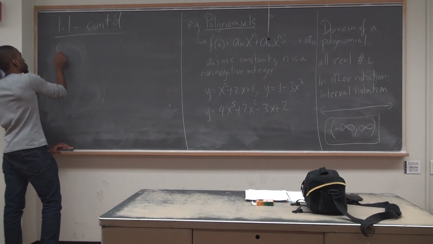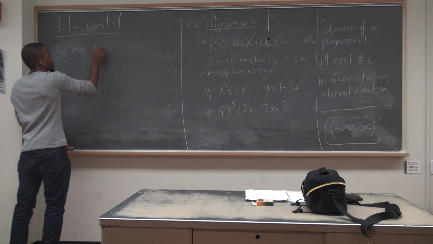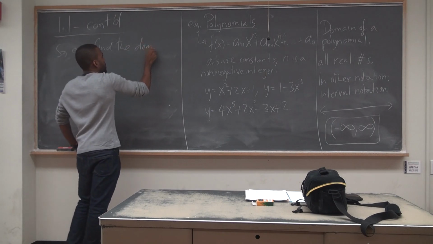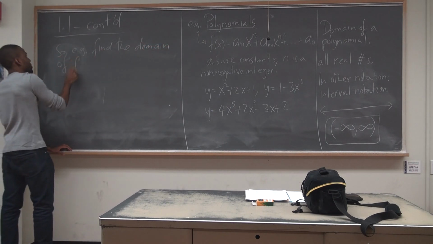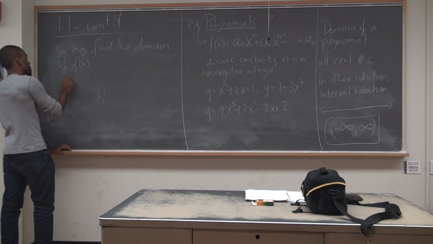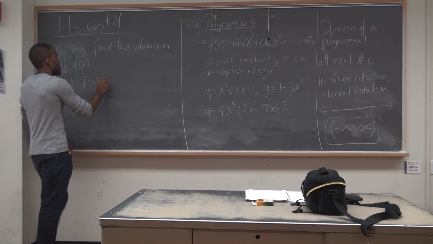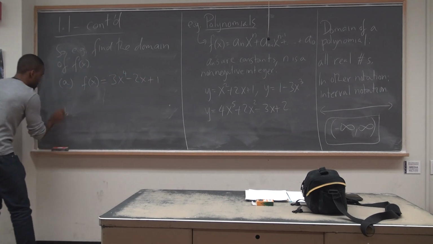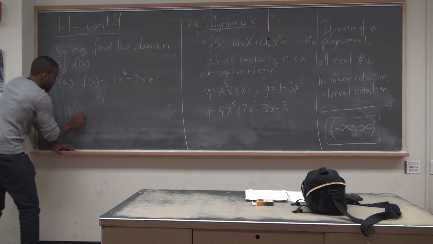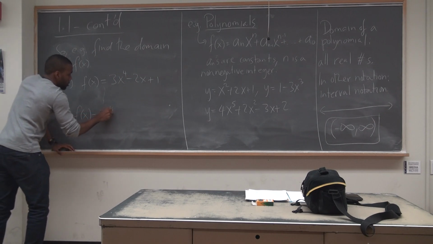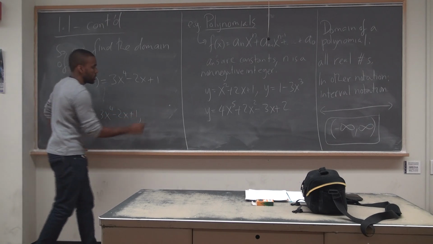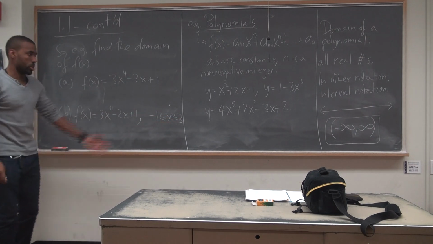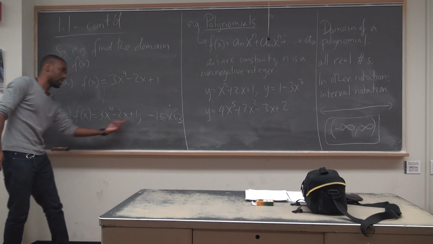Right? So, example. Find the domain of f, and I can say here for a, f of x is 3x to the 4th minus 2x plus 1, and then for b I can say f of x equals 3x to the 4th minus 2x plus 1, however, let x be between minus 1 and 3, for some reason that has to do with the context in which I set this equation up.